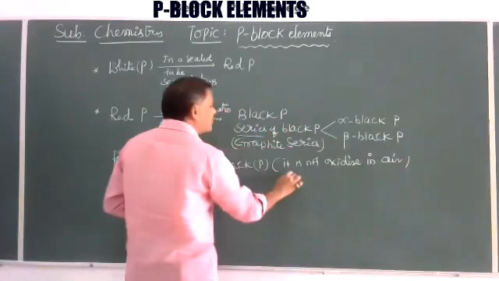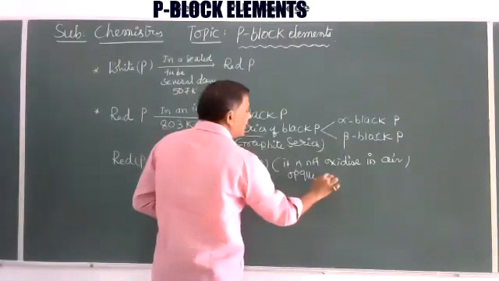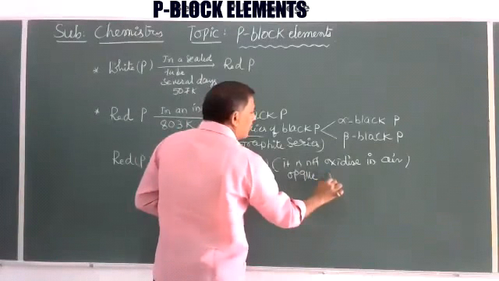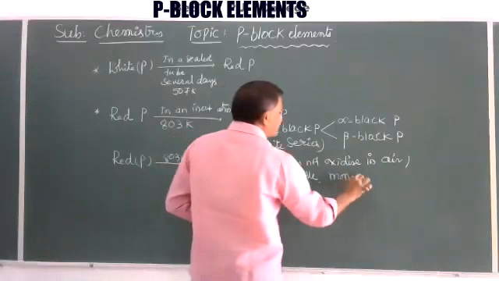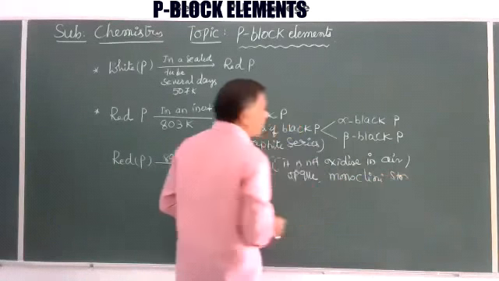It is opaque in nature, and generally an orthorhombic or monoclinic structure is present, or rhombohedral.